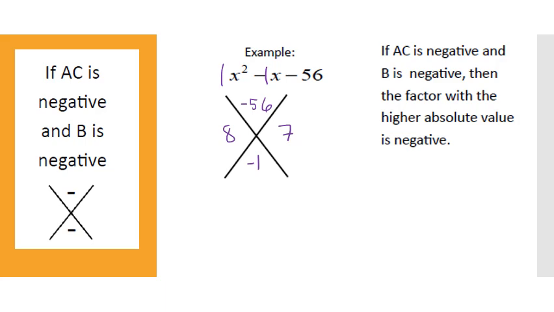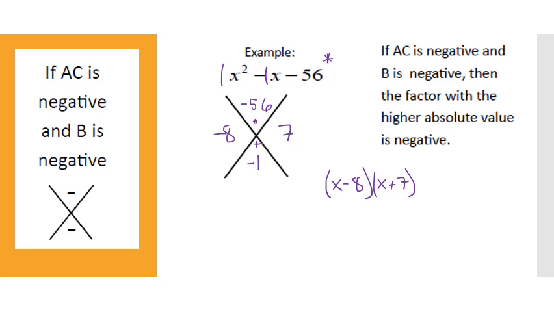The factor with the higher absolute value this time is going to be negative. So the bigger number here will be negative. Negative 8 plus 7 is negative 1. Negative 8 times 7 is negative 56. So my solution, the 2 things that multiply to this original polynomial, would be x minus 8 times x plus 7.